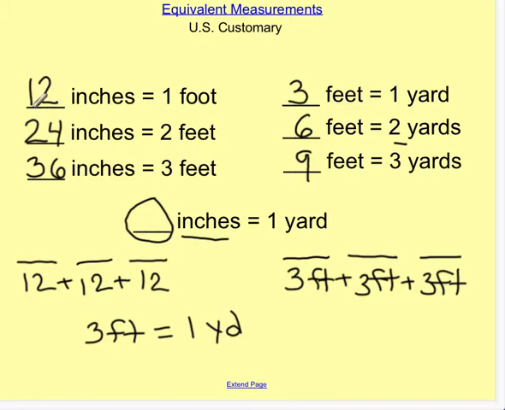Right up here. 12 inches are in 1 foot. So if I have 12 inches in 1 foot, 12 inches in another foot, and 12 inches for the third foot right here, I'll know how many inches are all together in this yard. 12 plus 12 plus 12 means I have 36 inches in this 1 yard. So I'm going to write that right here. The answer would be 36 inches.